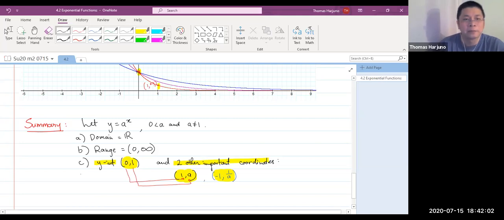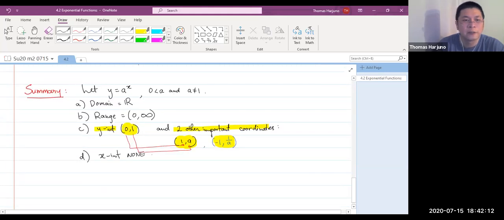Okay, part D: x-intercept, none. Horizontal asymptote, y equals 0.